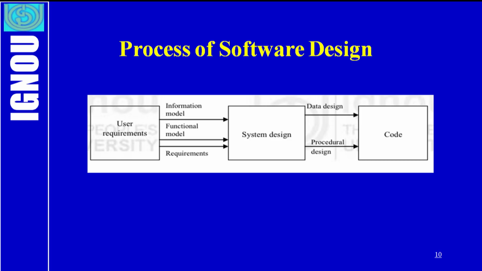In the data design, you are getting the entity relationship diagram and data flow diagram, and over and above both of them, the other aspects that are not part of them. Apart from all these three, we also have what is called procedural design.